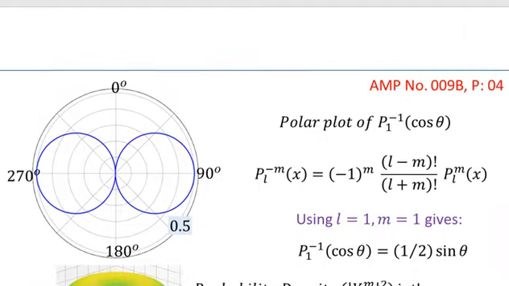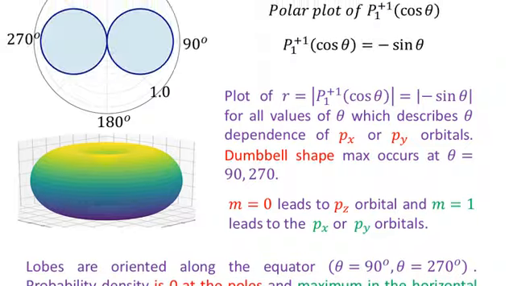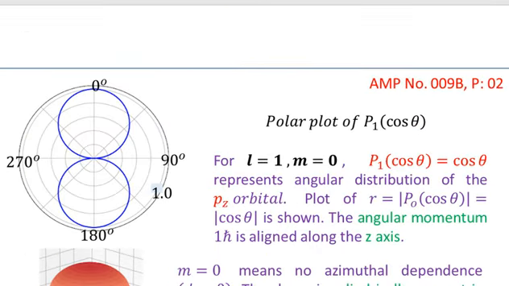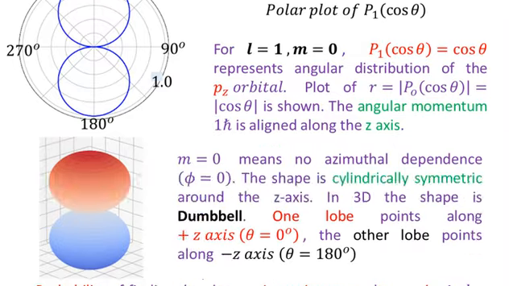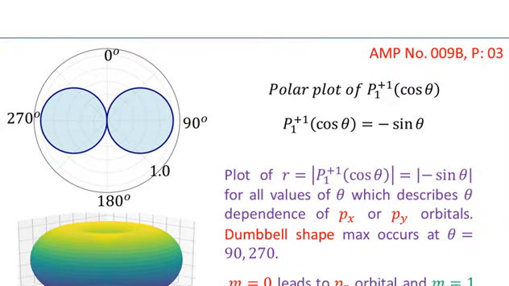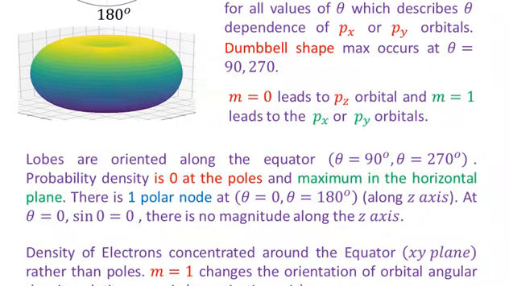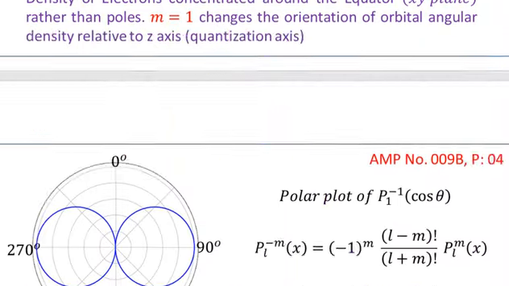Either we have the dumbbell along the z direction, or we have the dumbbells on the xy plane, that is, with m equal to plus 1 and also with m equal to minus 1, the dumbbell is on the xy plane, forming the shape of a donut or the shape of a torus in both cases. That is, m equal to plus or minus 1 both have the same identical cases.